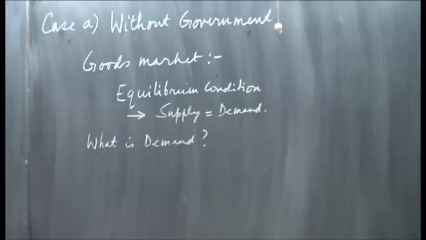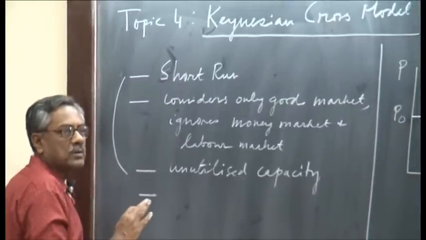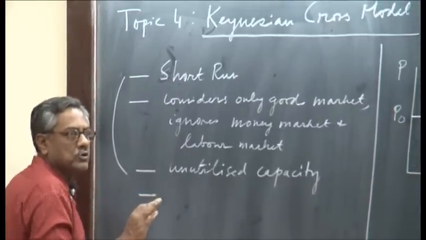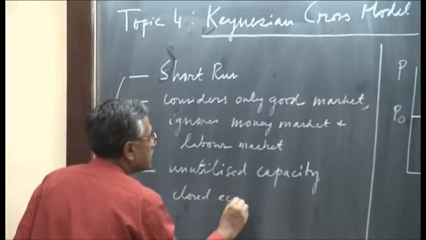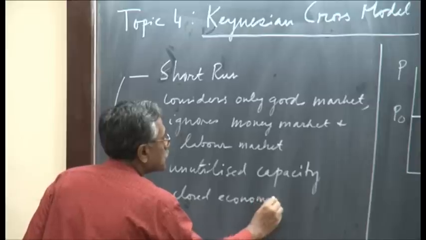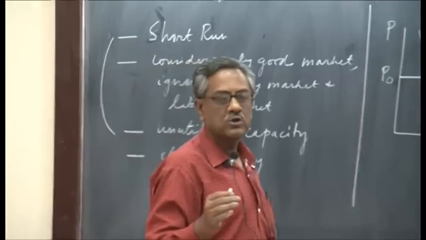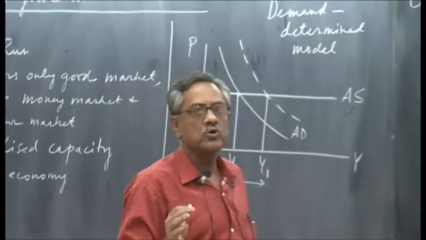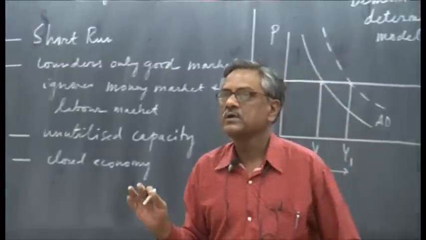By the way, I may also like to add one more assumption which people forget. These are all closed economy models. There is no export and import. That I should also add. When you have export and import, it's called an open economy. We are not going to have an open economy. It's entirely a closed economy. All right?